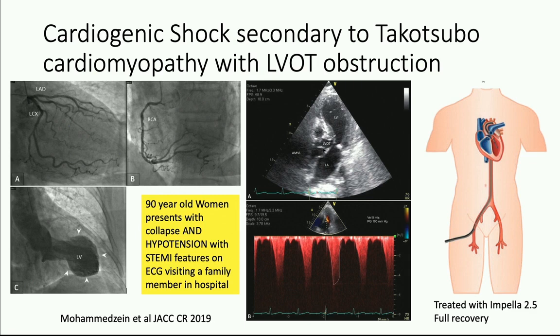What the cardiologists who were looking after the patient did was to consider putting this patient on an impeller device. So an impeller was inserted into a 90-year-old with Takotsubo, and she made a full recovery within days. Amazing, right? And she went home.